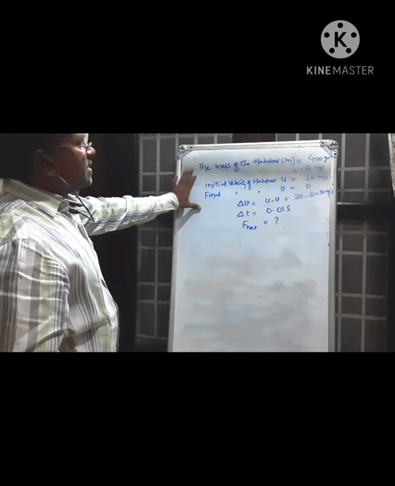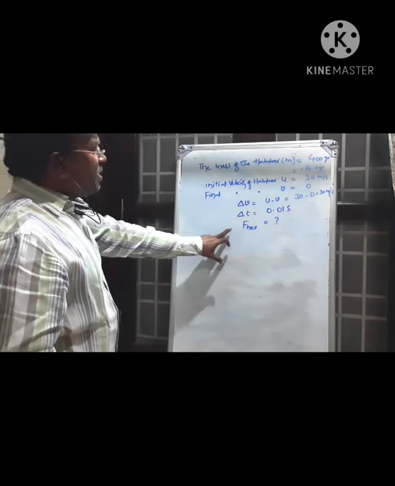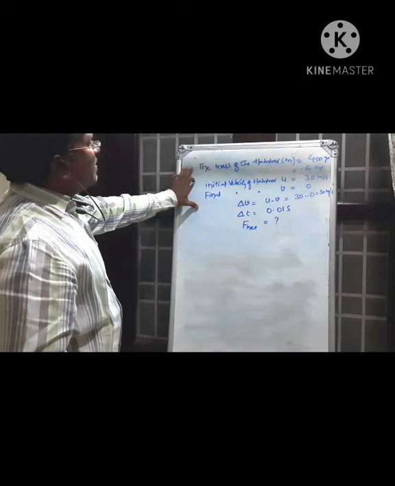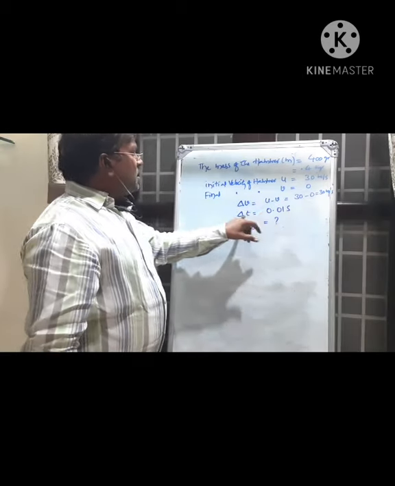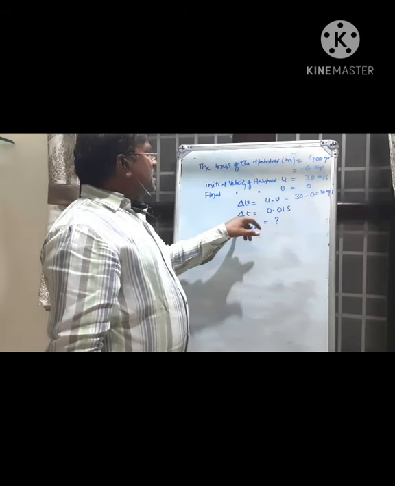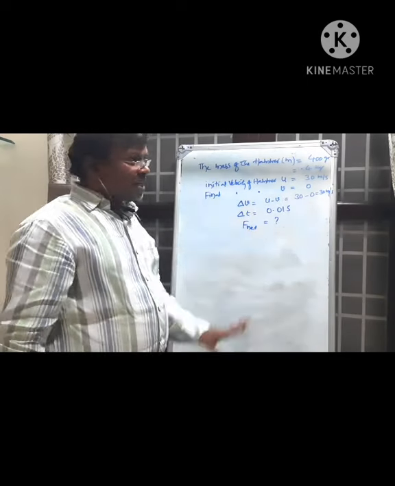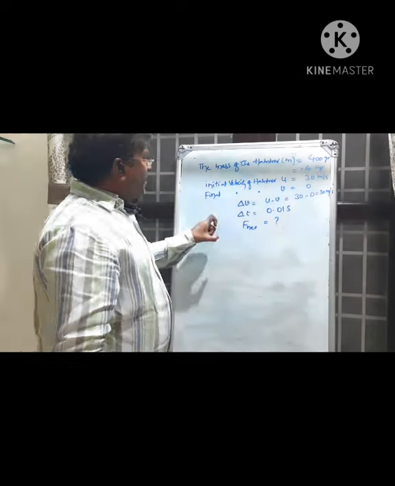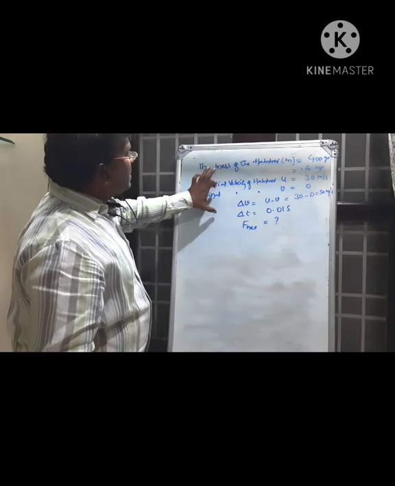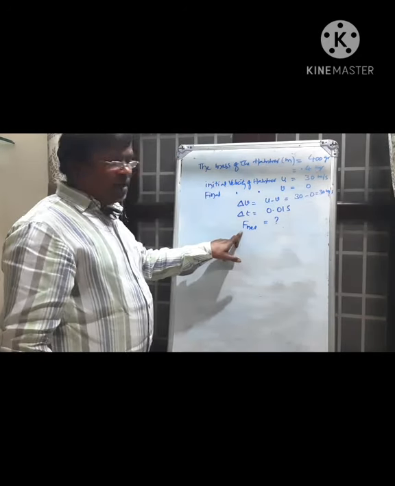What is given? What is to be found? M is given, the change in velocity is given, the time duration is given. We have to find out F net. Then we have to look at what really links the given values and the value to be found.